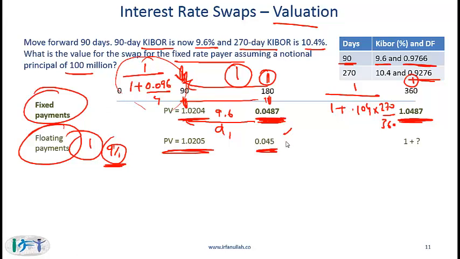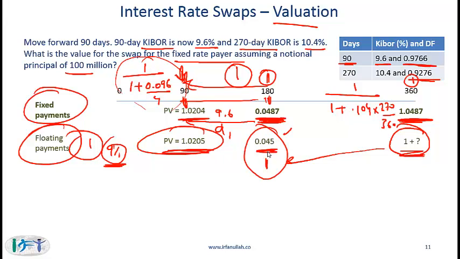So we know this payment. But we don't know the cash flow on day 360. What we do know is that the present value of this cash flow on day 180 is 1. So to come up with 1.0205, we take 1.045 and discount back using D1. D1 has been calculated before. So you take 0.9766 into 1.045 and you get this number.